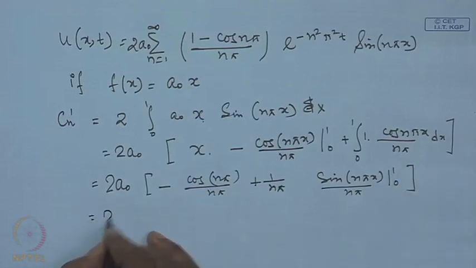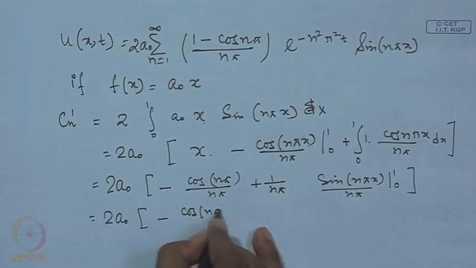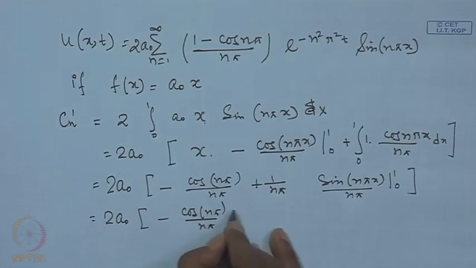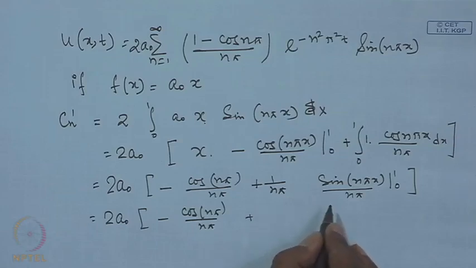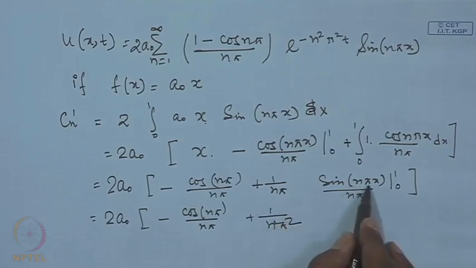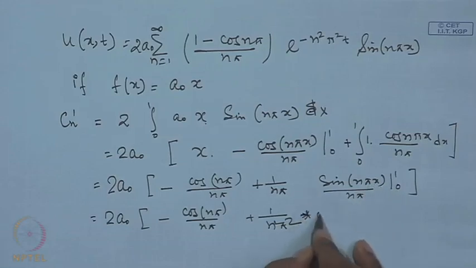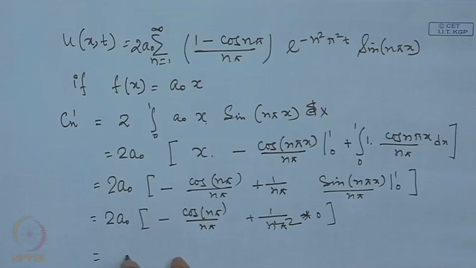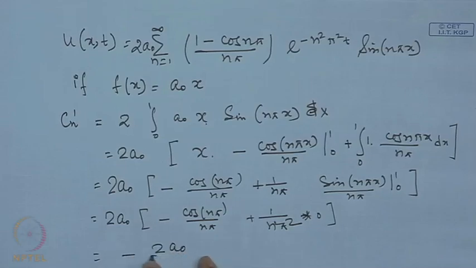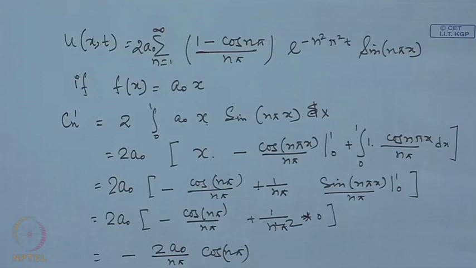So, this becomes 2 a 0 times minus cosine n pi over n pi plus 1 over n square pi square, where sin n pi is 0 minus sin 0 is 0. So, the whole contribution becomes 0. So, you will be having minus 2 a 0 over n pi cosine n pi in this particular case.